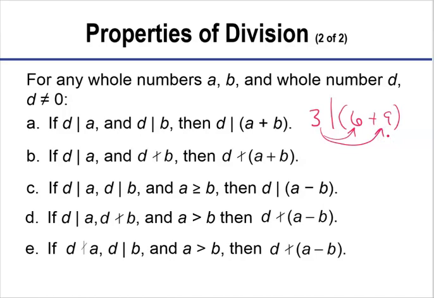And 3 does divide 15, right? So that's what that's saying. Notice here it says if d divides a and d does not divide b, then d does not divide the sum. When did we use that? We did. Let's back up. I'm going to flip pages on you again.